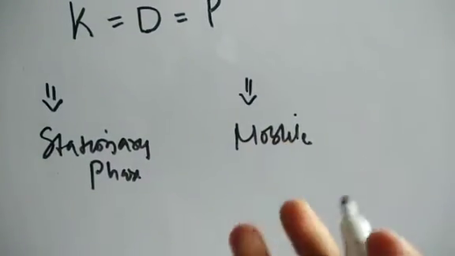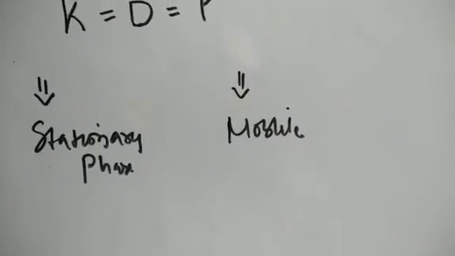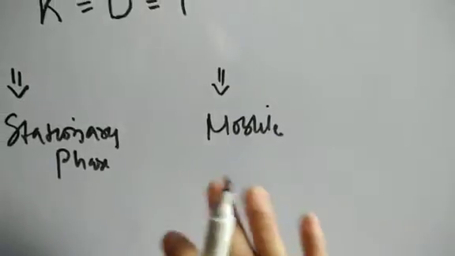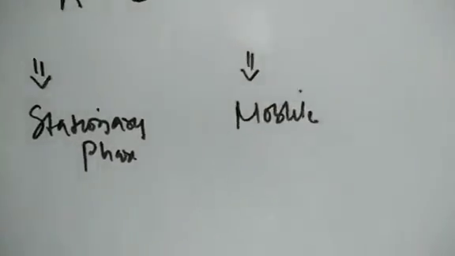We will choose the system where our partition coefficient value comes out higher, that particular stationary phase and mobile phase system for separating our component.